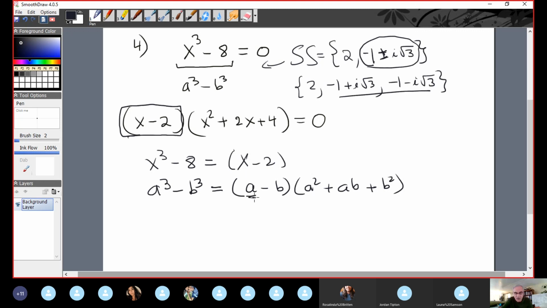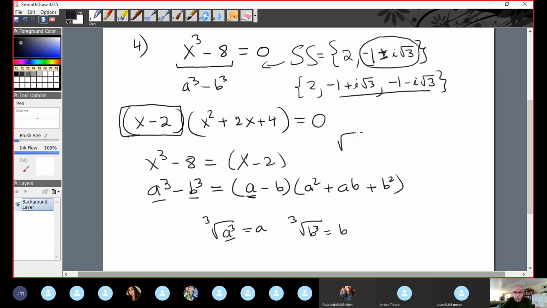Okay. This a comes from the cube root of a cubed. A cubed is this. You take out the cube root here and you get a. b was the result of the cube root of b cubed, the second is b.